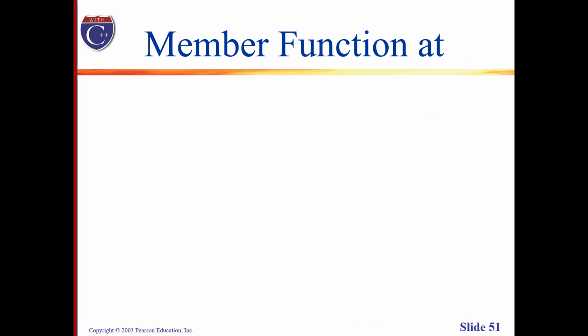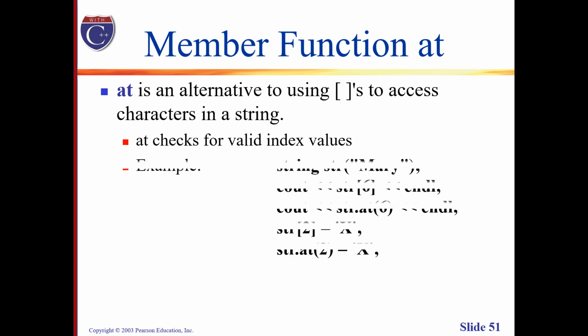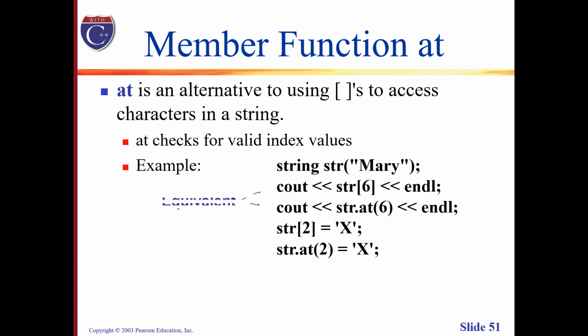We also have the member function at. What it does is it serves as an alternative to using the bracket or index-based access to an array element or string. It checks for valid index values, just like an array. Here's an example of how we can do that.